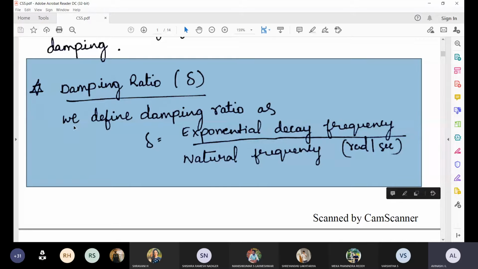We define damping ratio delta as equal to the exponential decay frequency divided by the natural frequency, which is in terms of radians per second. Taken?